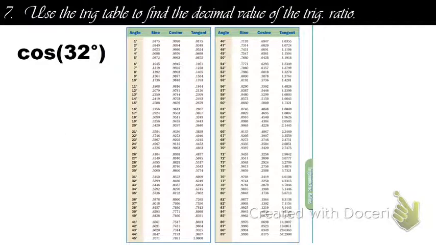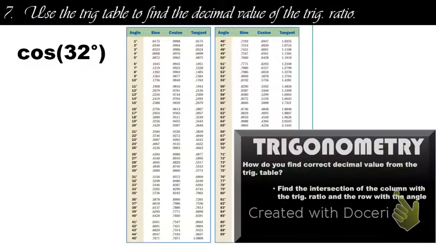Number 7, use the trig table to find the decimal value of the trig ratio. And the trig ratio you're looking for is the cosine of 32 degrees. To find the decimal value of the cosine of 32 degrees, we need to find the intersection of the cosine column and the 32 degree row.